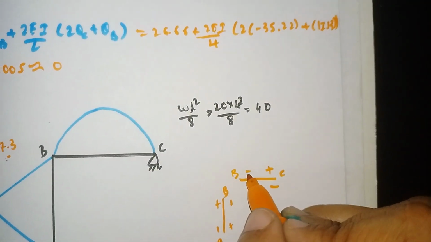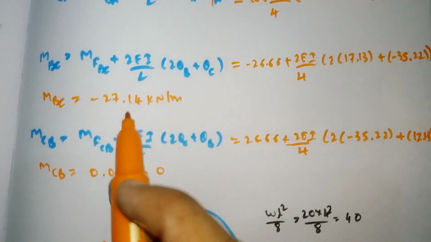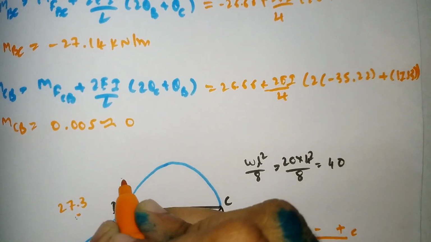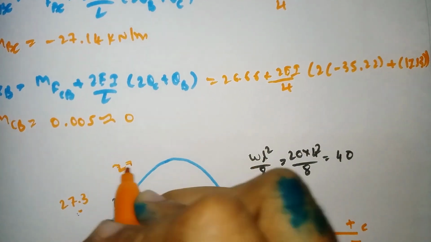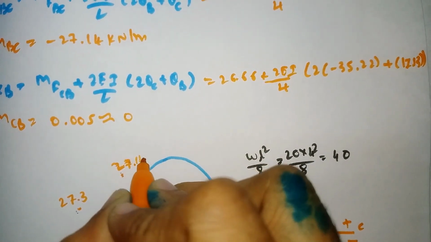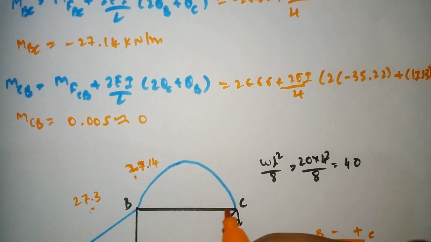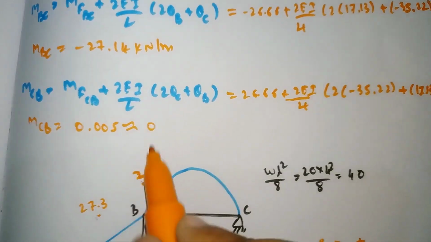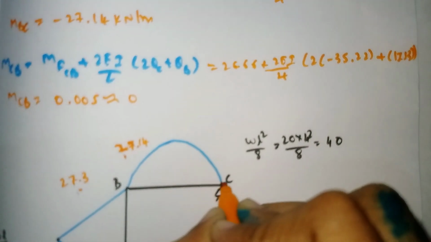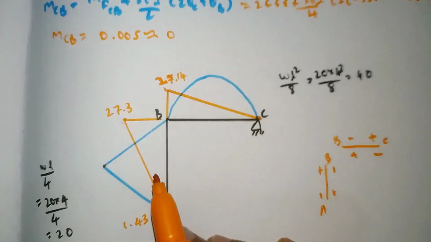At point B negative value comes above the neutral axis. Our value is minus 27.1. Minus means it also comes here, 27.14. And last MCB, our value is nearly equal to 0. It comes here. So now join all these lines. So this is our bending moment diagram.